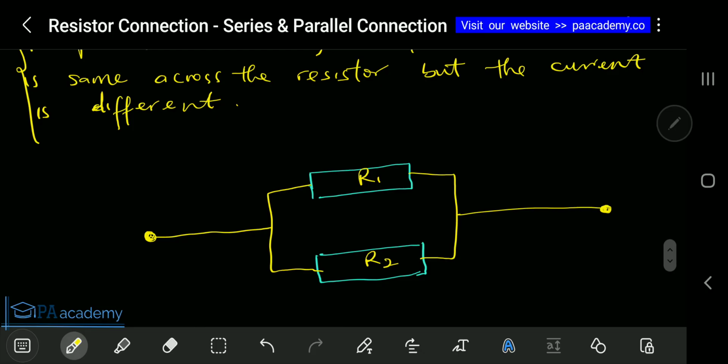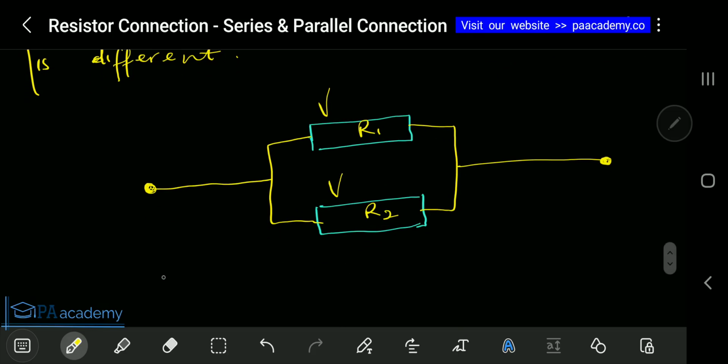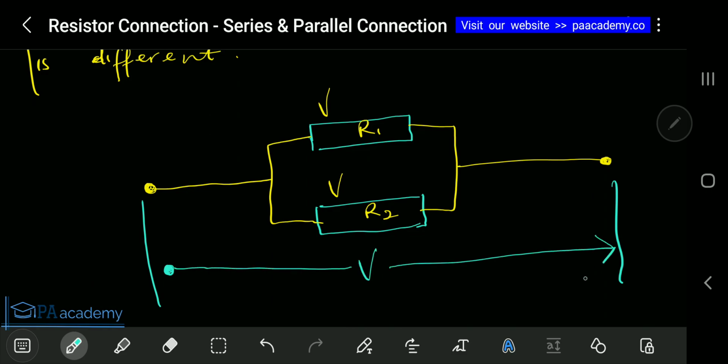That means the value of V, the voltage for R1, is also the same voltage we have here. From one terminal to the other terminal, it is the same voltage. The voltage that comes here is the same voltage that will flow through here. That's what that is saying.